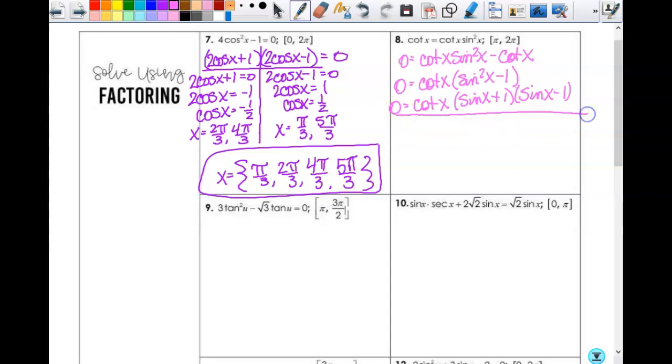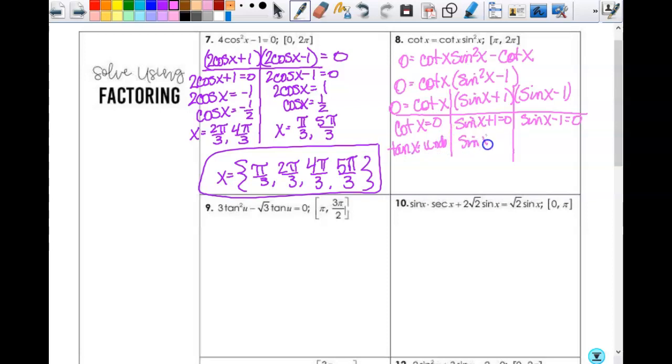So now I'm going to split that into 3. So this gives me cotangent x equals 0. This would give me sine x plus 1 equals 0. Sine x minus 1 equals 0. All right, so then cotangent, I want to make it into tangent. What's the reciprocal of 0? Undefined. So the tangent of x equals undefined.